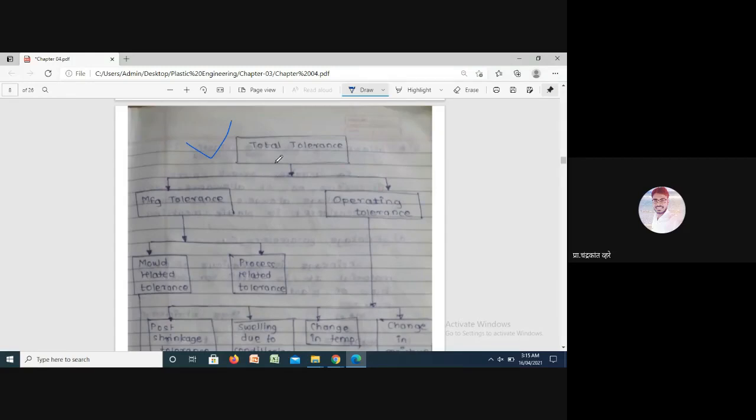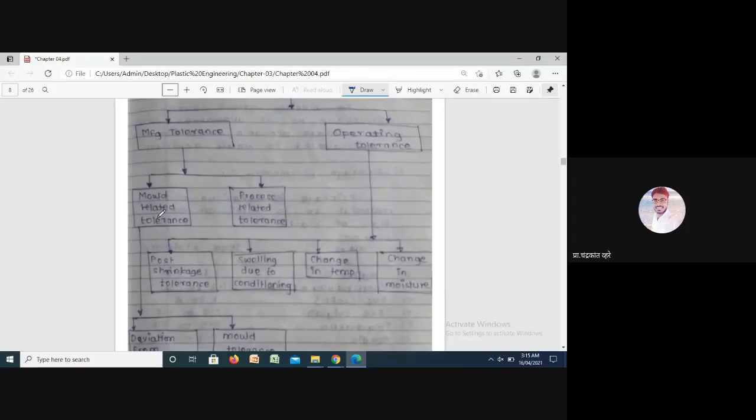Initially, the total tolerances are divided into two cases. The first one is manufacturing tolerances, and the second one is operating tolerances. Manufacturing means part manufacturing.